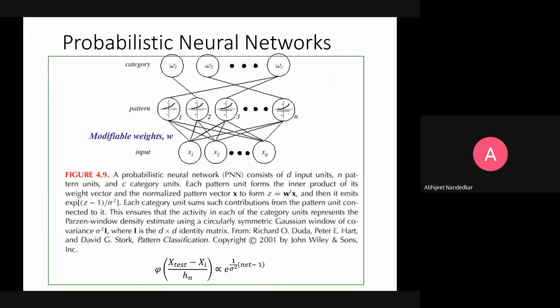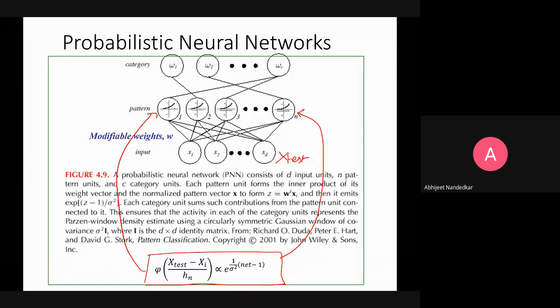So this is the same diagram. Only thing is that this is the activation function for each node, called the pattern node. Input is suppose X test, which is received here by pattern X1 and compared with X test.